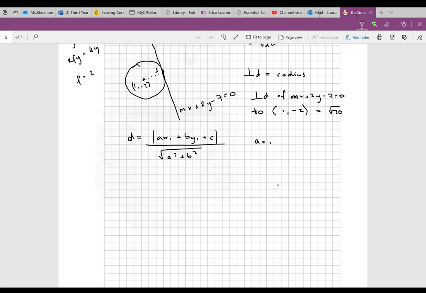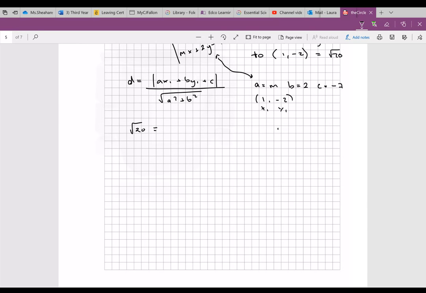Okay, from my equation I know that a is equal to m, b is equal to 2, and c is equal to minus 7. I know my point 1, minus 2 is my x1, y1, and I know that d is root 20. So root 20 is equal to a, which is now m, times x1, plus b times y1, plus c, over the square root of 1 squared plus minus 2 squared.